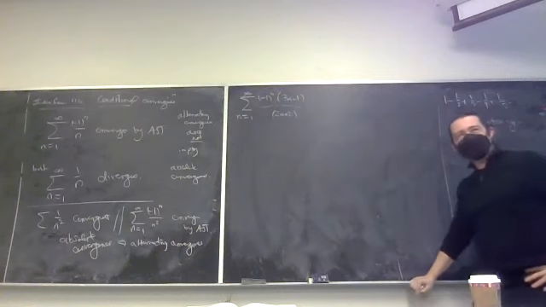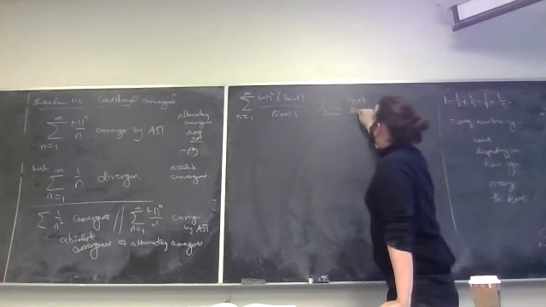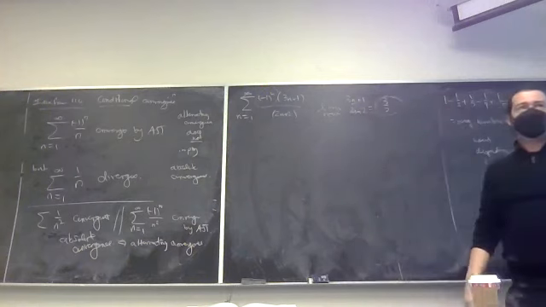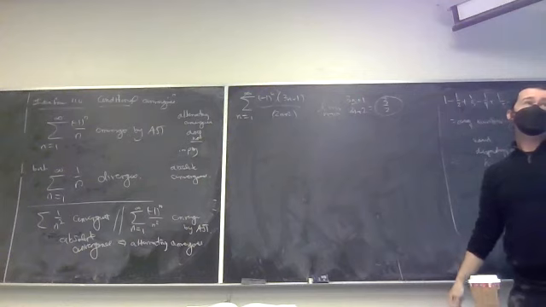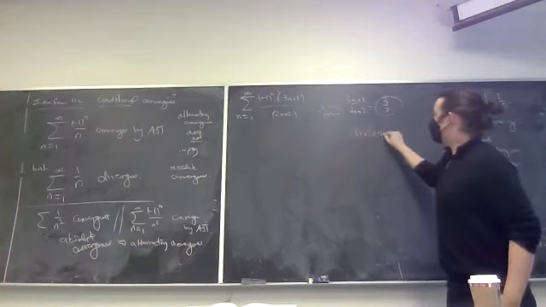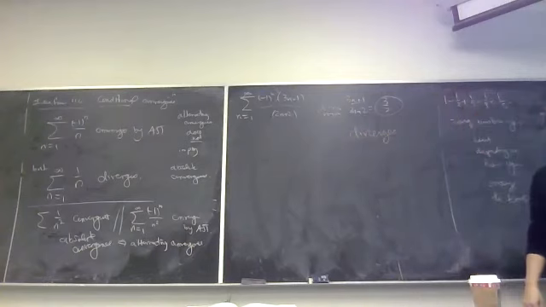What do you notice about the limit as n goes to infinity here? What does it do? Divergent series.